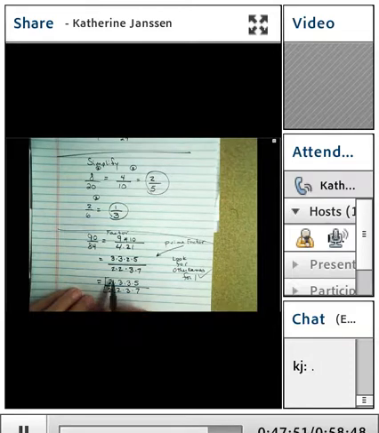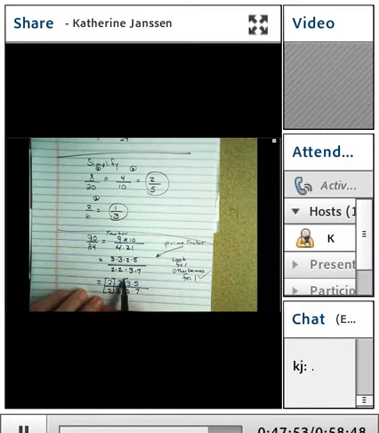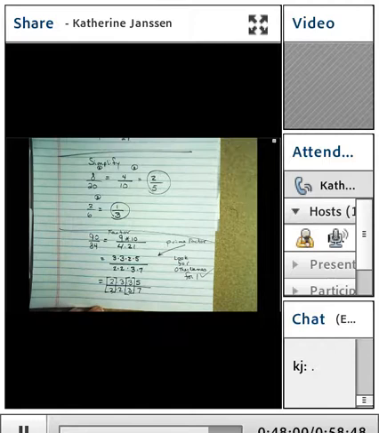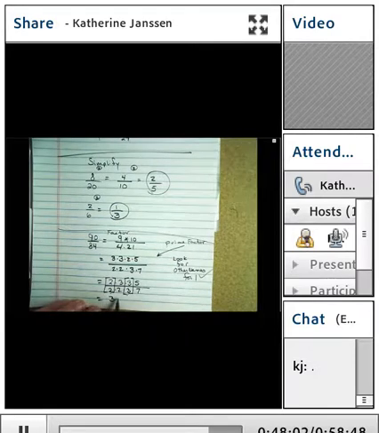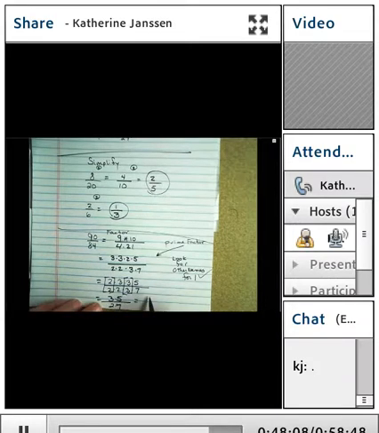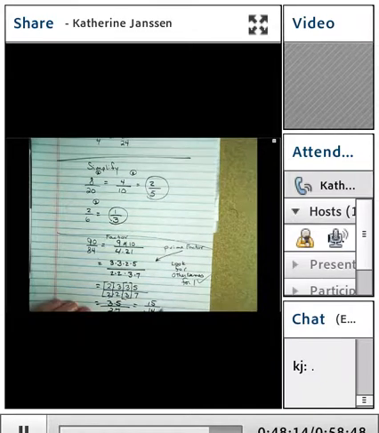Here's another name for 1, 2 over 2. And here's another name for 1, 3 over 3. 1 times any number is the number itself. What do I have left? 3 times 5 in the numerator and 2 times 7 in the denominator. 3 times 5 is 15 and 2 times 7 is 14. I cannot simplify that any further. You can circle your answer.